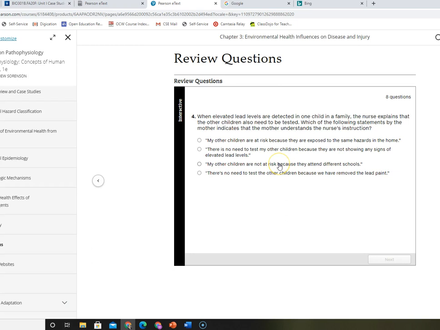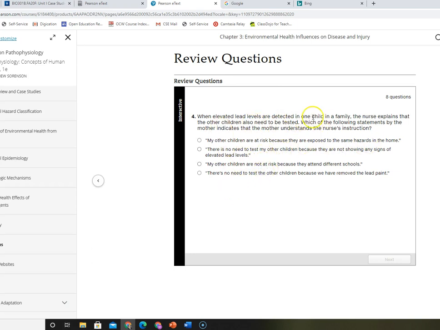If elevated lead levels are detected in one child, why is it important to check the lead levels of the other children in the household? Which of the following statements by the mother indicates that she understands the nurse's instructions? And as I told you, the way these questions are worded is similar to the way the questions on the exam will be worded.